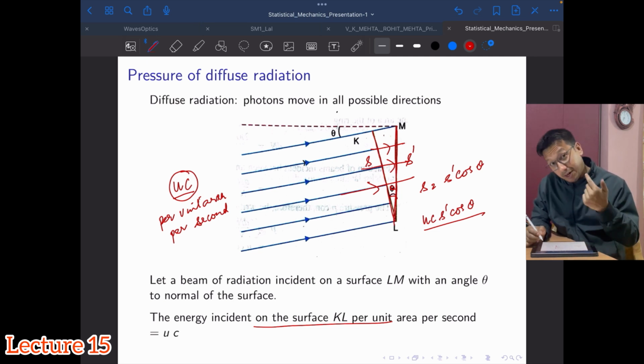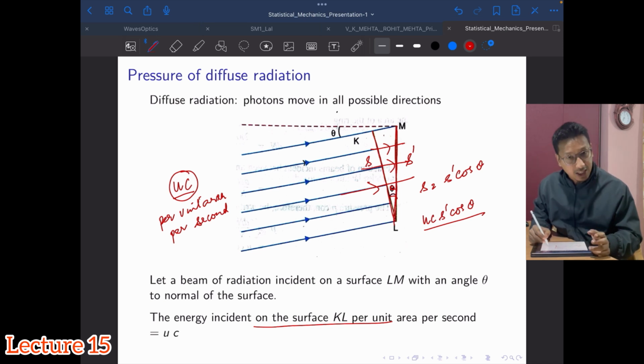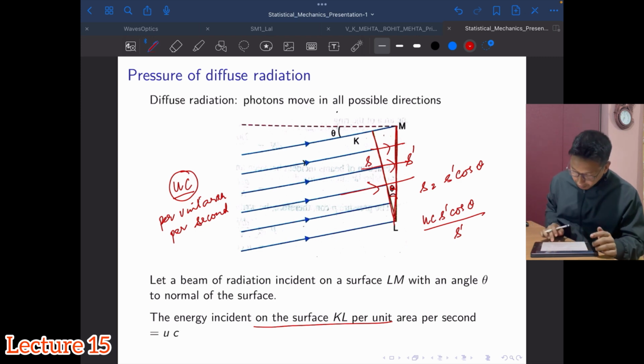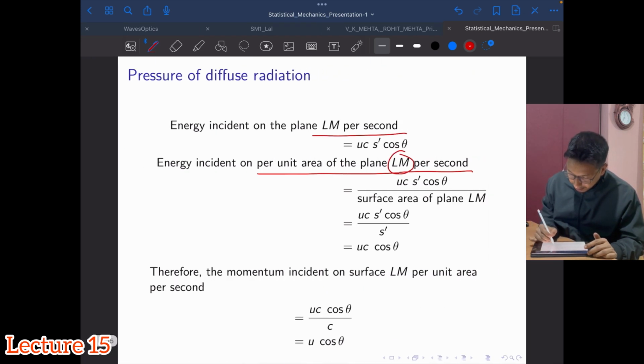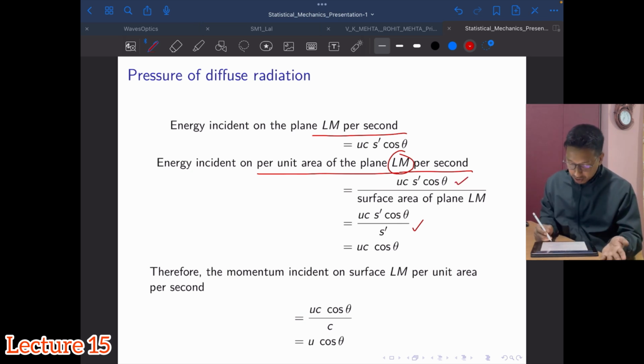Per unit area, simply this much energy divided by S dash. So the energy incident per unit area of the plane LM per second will be the energy passing through the surface divided by the surface area S dash. Ultimately S dash gets cancelled, leaving u c cos theta.